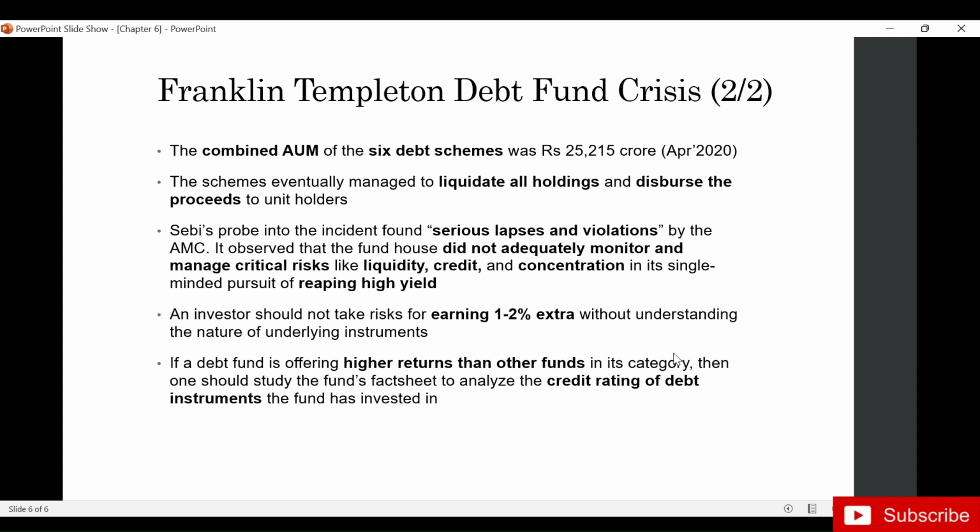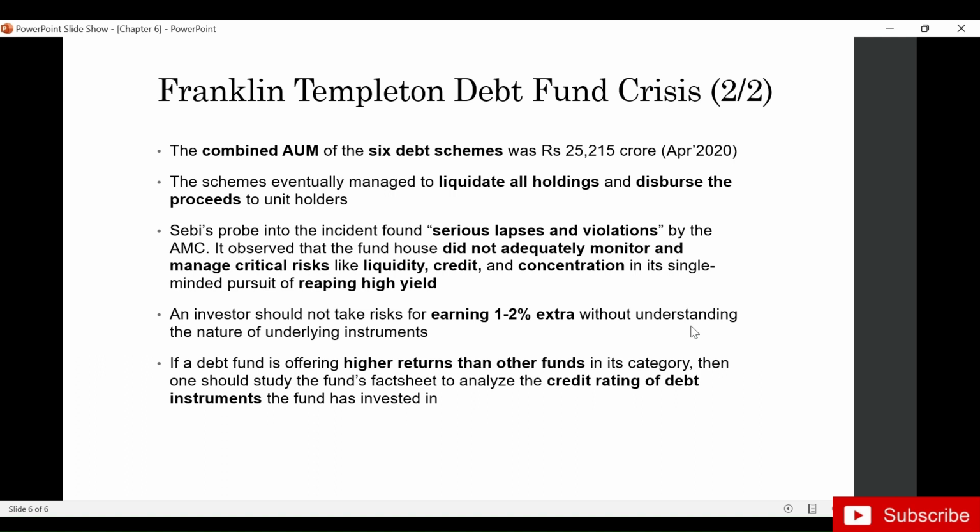Now, what happened was eventually these schemes were able to liquidate all the holdings and disburse the proceeds to the unit holders. But this liquidation and disbursement took a time period of about 2 to 3 years, and during this time, the investors' money was stuck with the AMC.